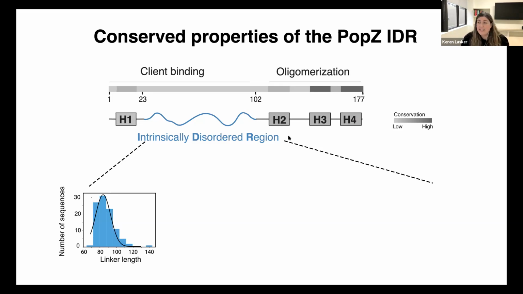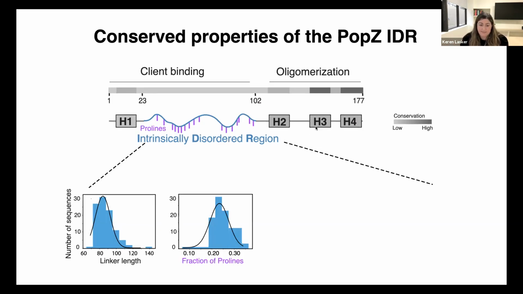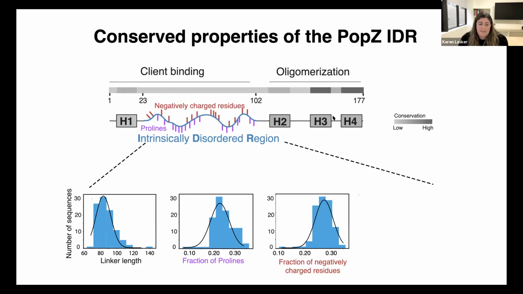So the first one is the length of this disordered region. In all or many of the POP-Z homologs in alpha proteobacteria, the length of the linker is conserved to be around 80 amino acids. And also, all of those homologs have around 25% of prolines in their sequence. Again, not alignable, but just collectively they have 25%.